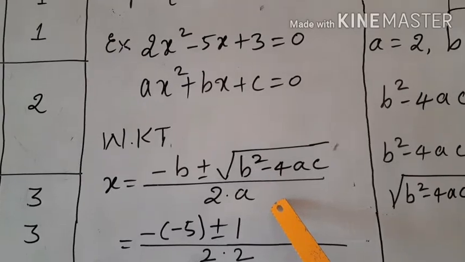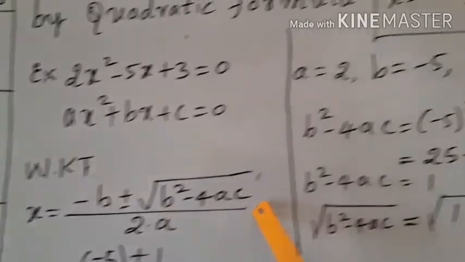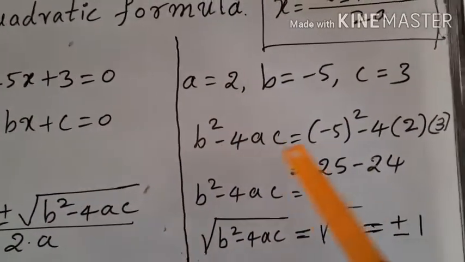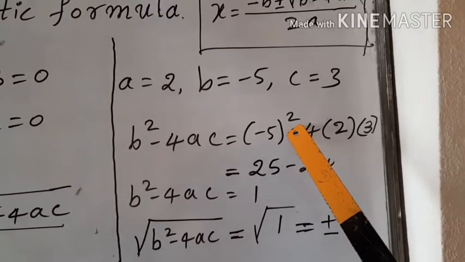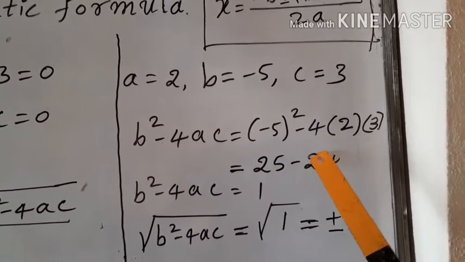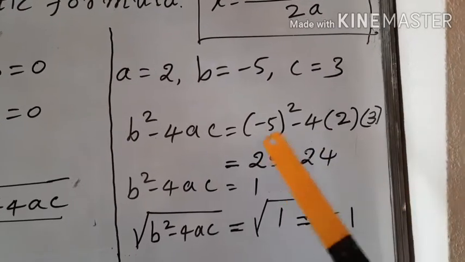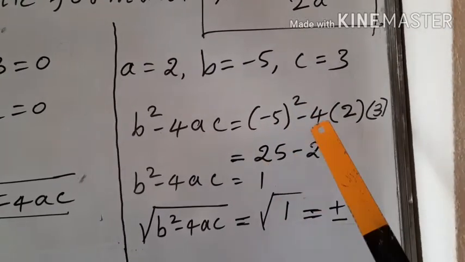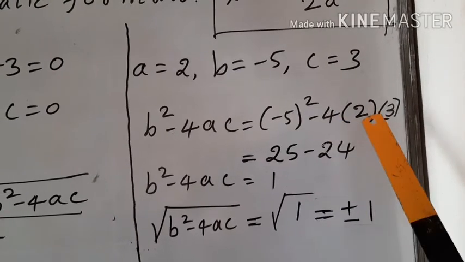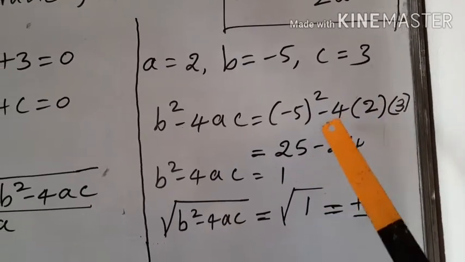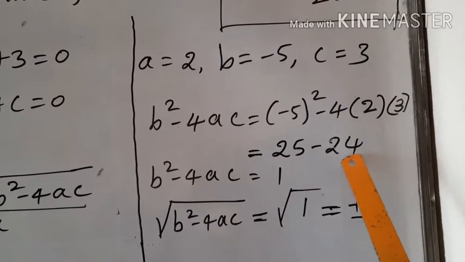I separately find out b square minus 4ac. See here, b square minus 4ac is minus 5 square minus 4 into 2 into 3. Minus 5 square is plus 25. Now minus into plus is minus, so minus 4 2s are 8, 8 3s are 24.